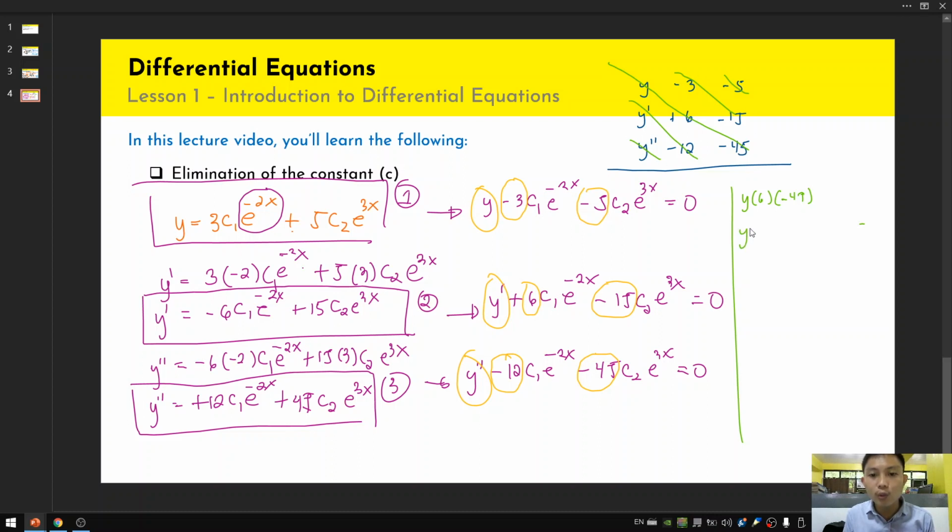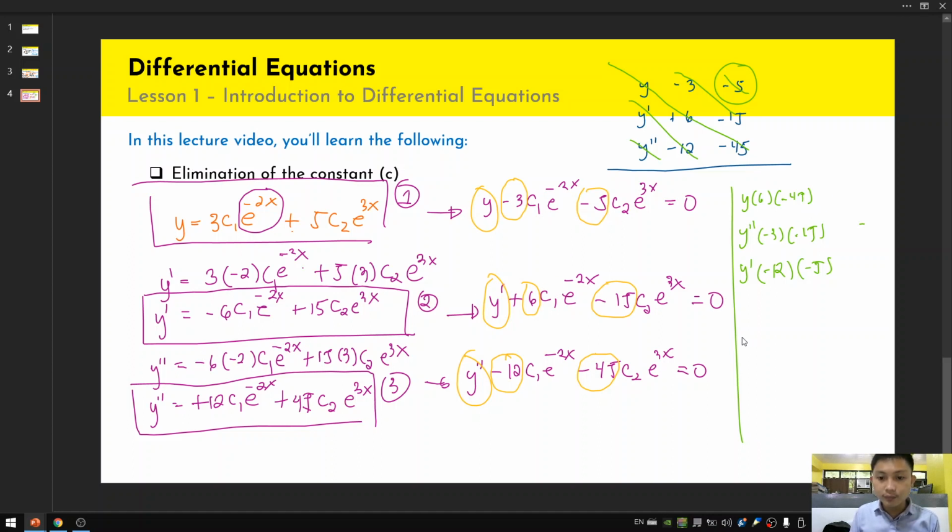So you have y double prime multiplied by negative 3 multiplied by negative 15, and this one, you have y prime, minus 12, and then this last one minus 5, and then you're going to add them. But of course it follows the signs. Okay, so 6 times negative 45.